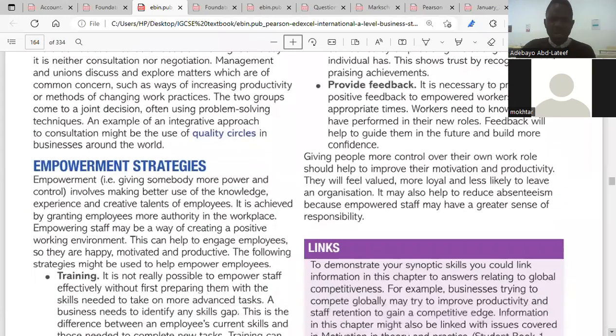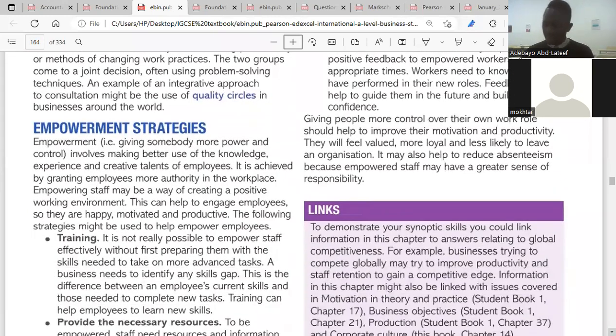Then the last one, provide feedback. When we talk about providing feedback, here I wrote, it is important to provide positive feedback to empowered workers at appropriate times. Workers need to know how they have performed well in their new roles. Another method in which you can empower your workers is to provide feedback.